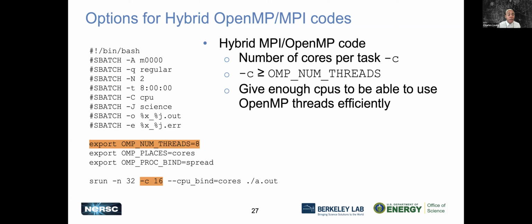A common problem is making sure you have enough CPUs to use with the OpenMP threads efficiently as well. We have different example scripts in our NERSC documentation to show you different ways that you can configure your scripts.